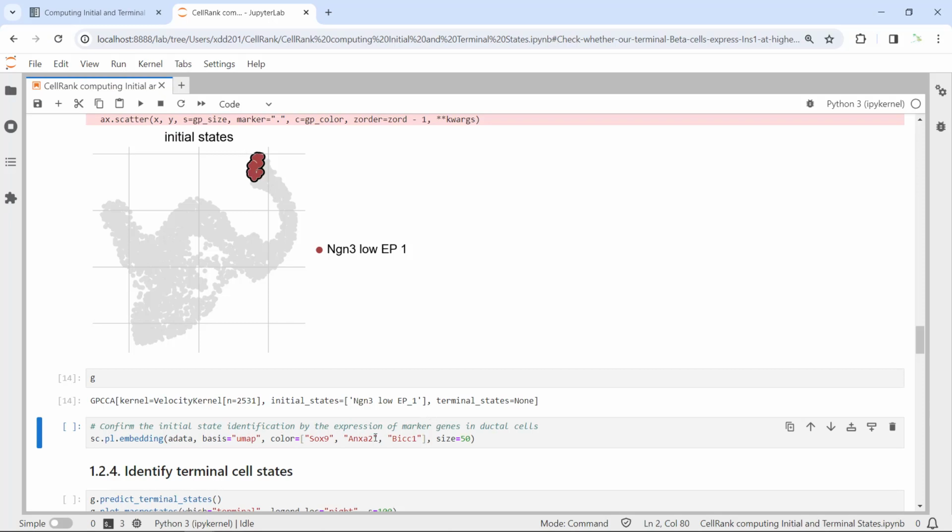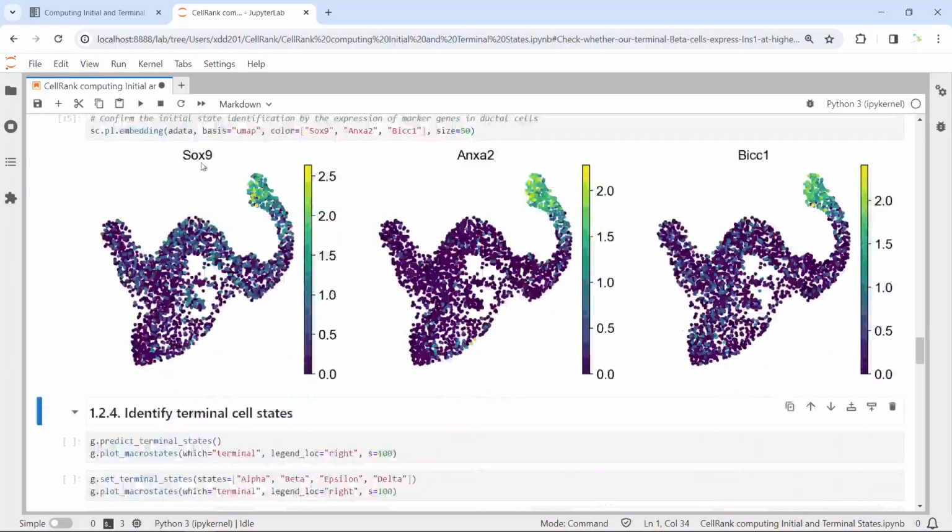So cells in the initial cell state should express the ductal cell marker genes SOX9, ANXA2, and BICC1. We can run the embedding to see the expression of the 3 ductal marker genes. Let's run. You can see all 3 genes have high expression in the NGN3 low expression progenitors.